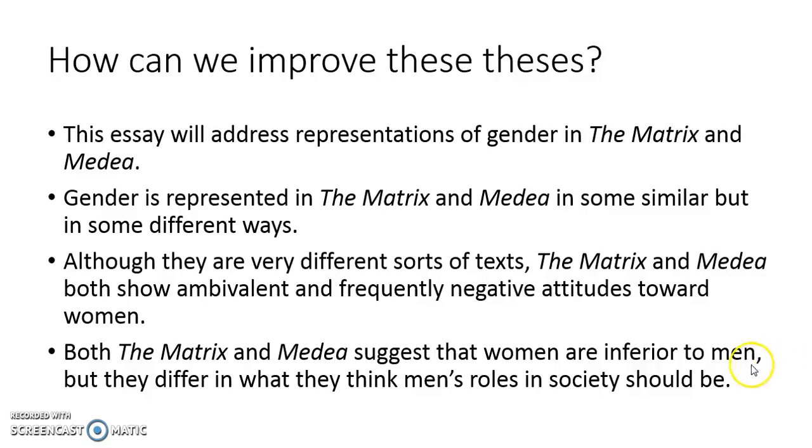But the second half of the sentence probably could be made even more specific. In what ways do the texts differ? What roles does one suggest, and what roles does the other suggest? So this is getting better, but still needs to be more specific.